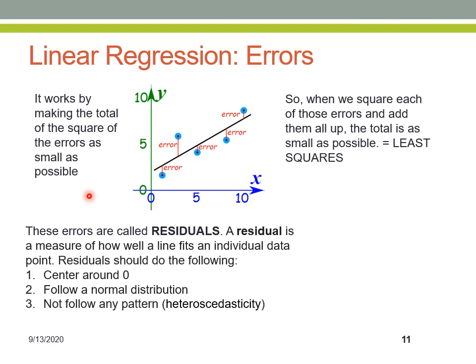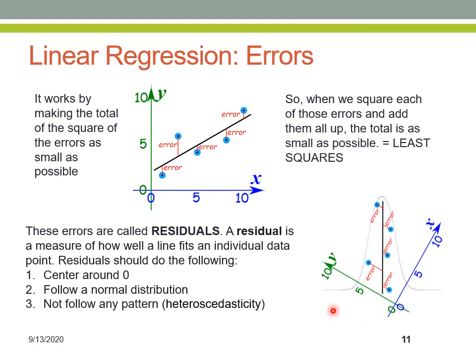How can we tell? Well, we could turn our diagram such that our fit line in fact becomes our 0 point line, our y line, and then we look at the distribution of the errors on each side. Do they center around 0? They sure do. Well, do they follow a normal distribution?